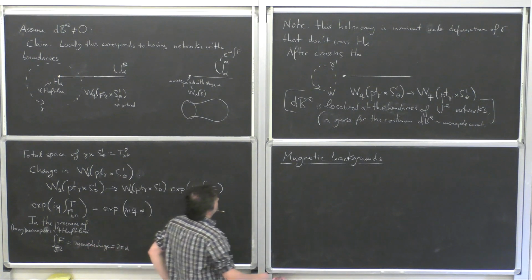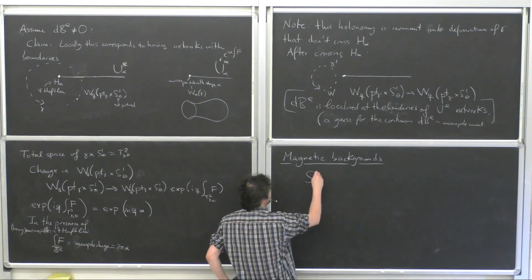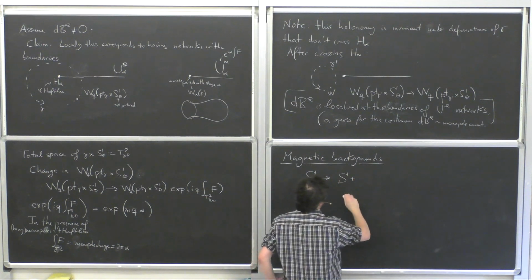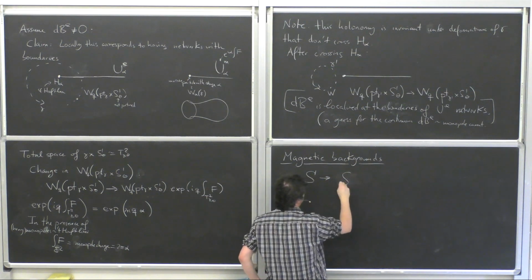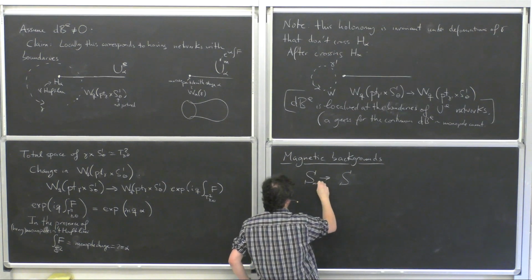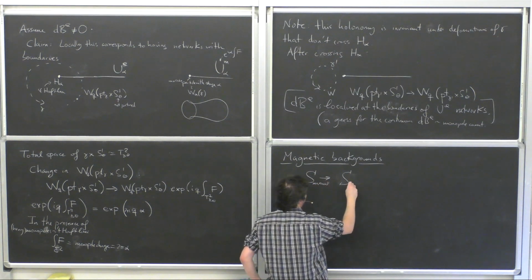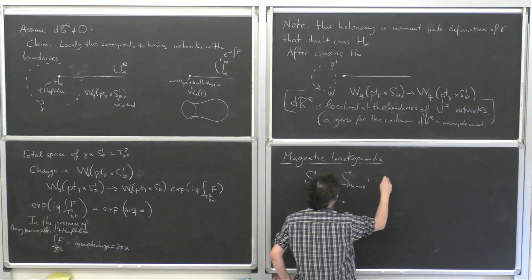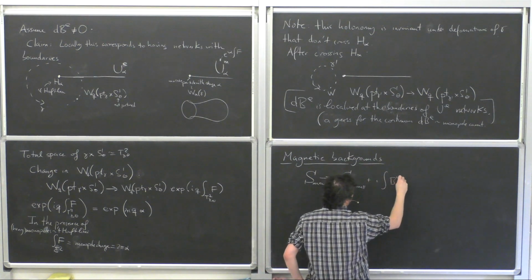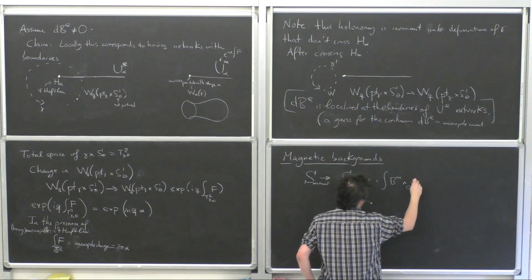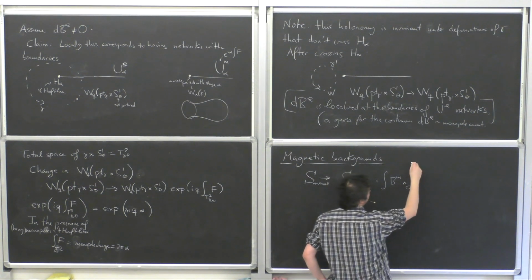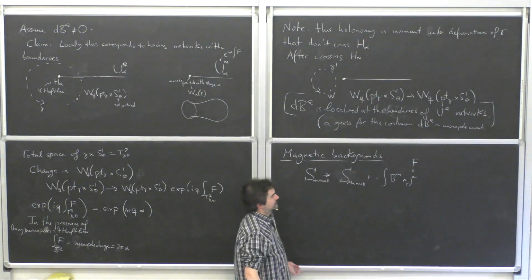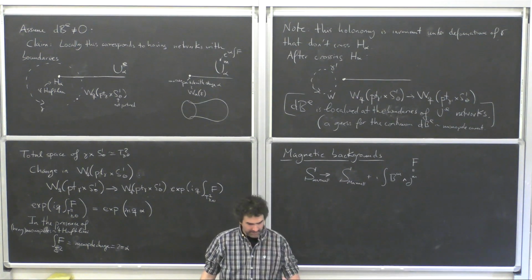All right, so let's start in the same place we started with electric ones. I send S to S plus S_Maxwell plus i integral of B_magnetic wedge J_magnetic, and J_magnetic is F. To have a B wedge F term in the action.